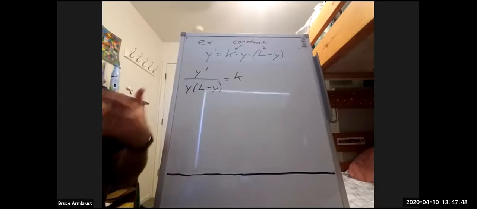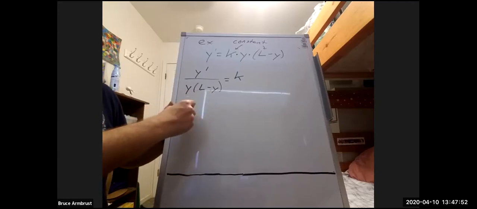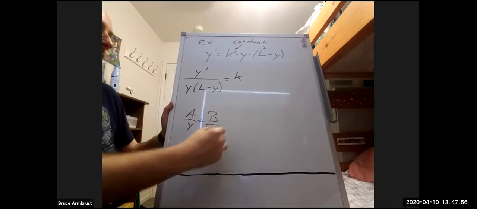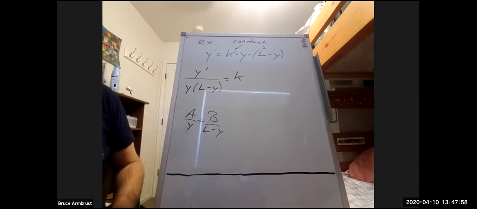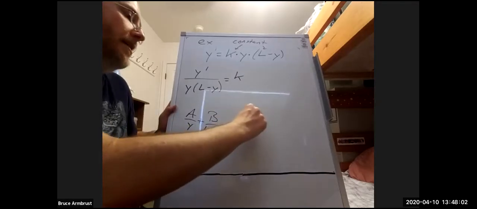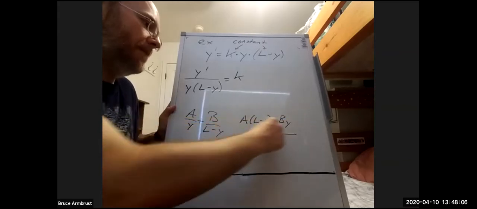Just a real quick reminder of how that works. Since you've got a couple of factors, you would make it a over y plus b over L minus y. You go ahead and build that up. So you would get a times L minus y plus b times y.